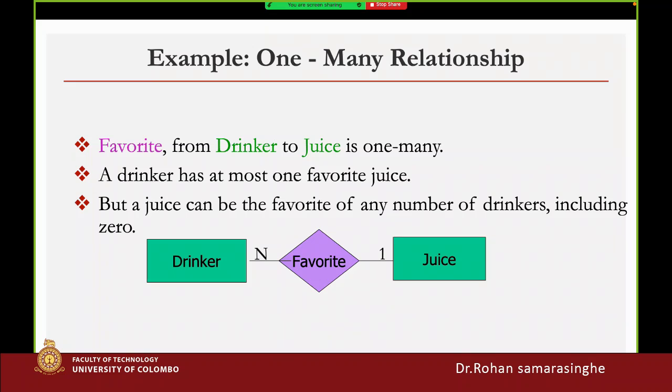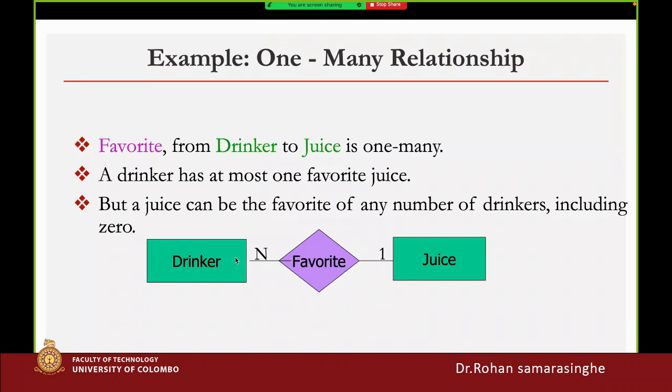So a drinker has at most one favorite juice. A drinker, the other way, must have at most one favorite drink. But the juice can be the favorite of any number of drinkers, including zero.